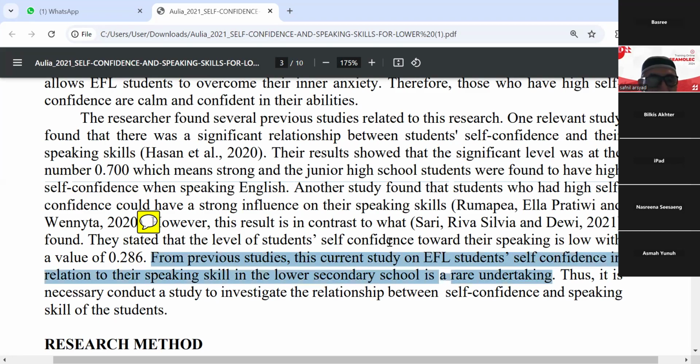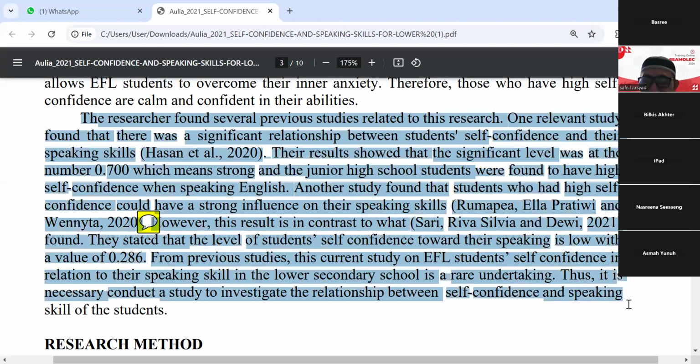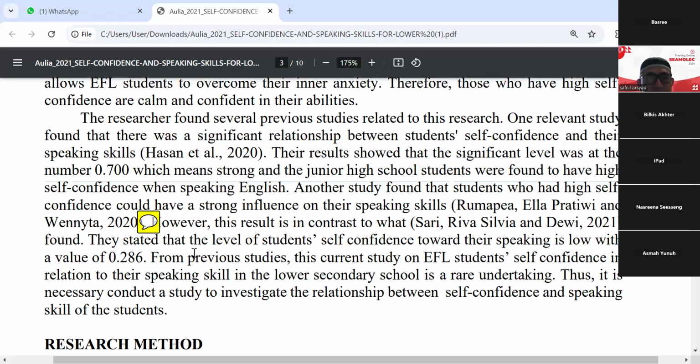Before, the authors mentioned two different studies with contradictory findings, but here the authors mention previous studies are rare. So this is too little. The research gap here is a contradictory evidence gap, right? Then the researchers want to investigate the relationship further.